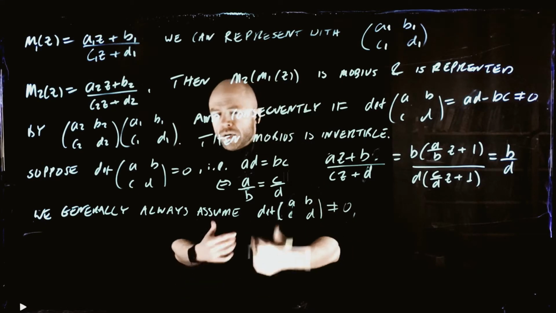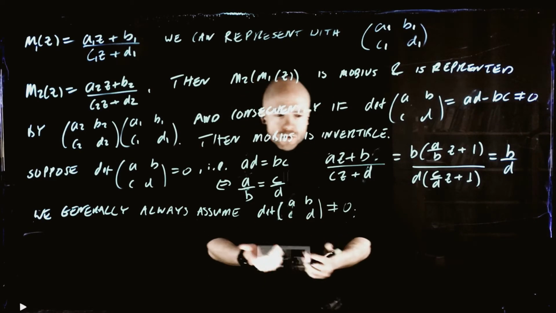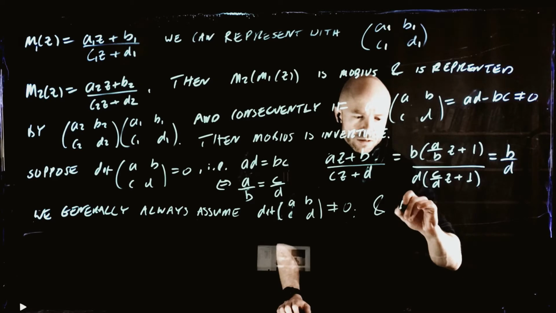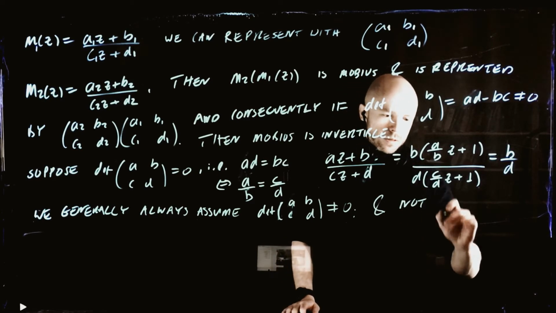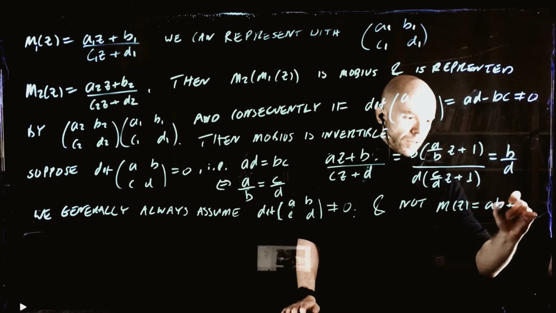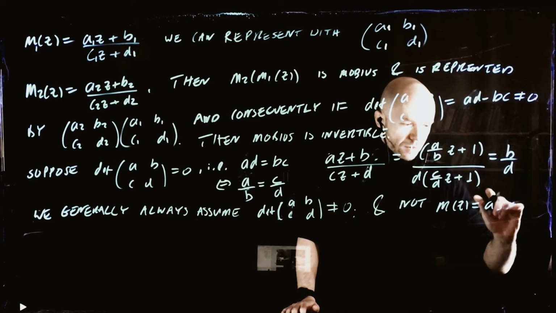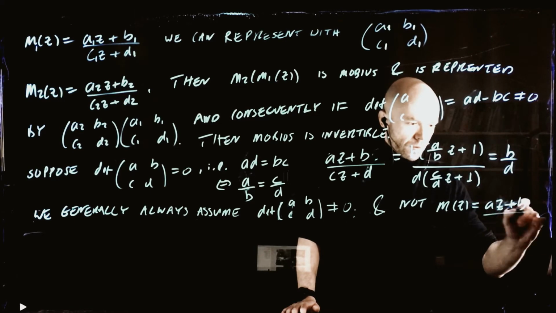And often we normalize by this thing because, as you can see, the representation is not unique. And note that M of z written as az plus b over cz plus d is not a unique representation.